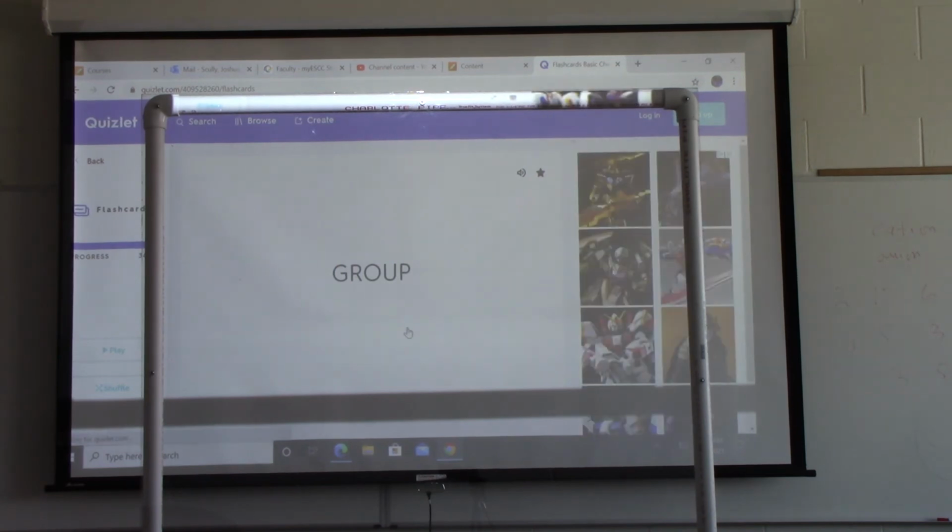Group is a column. Period is a row in the periodic table. A metal, I said, is on the left-hand side of the periodic table. Nonmetals are on the right.